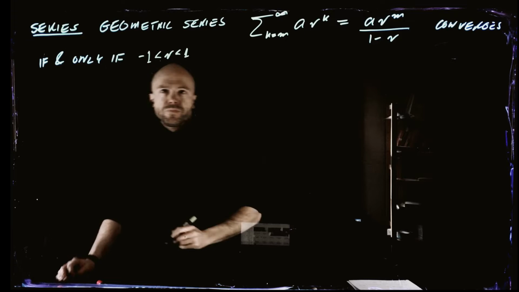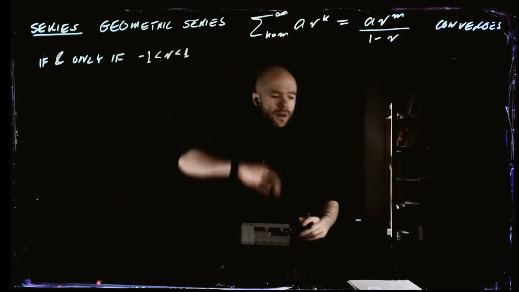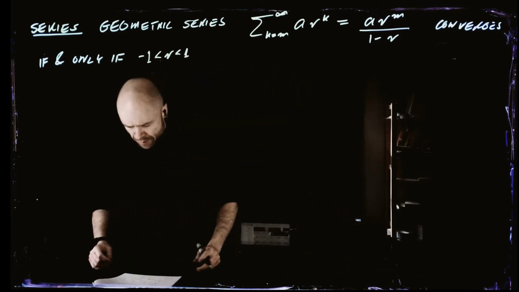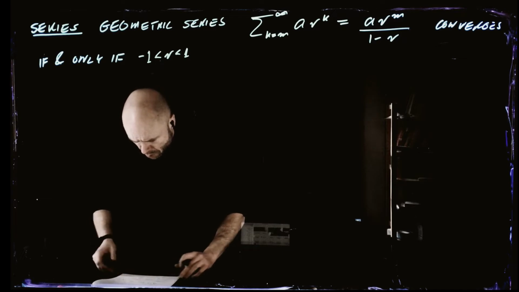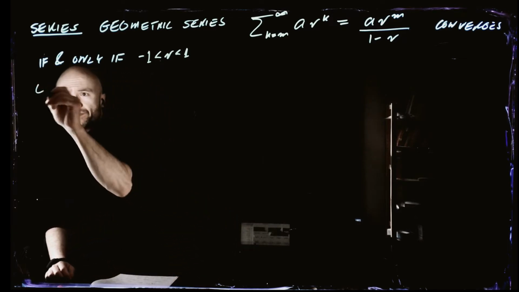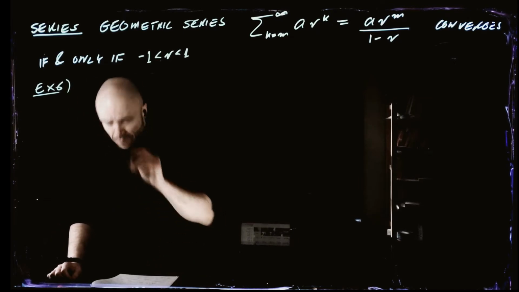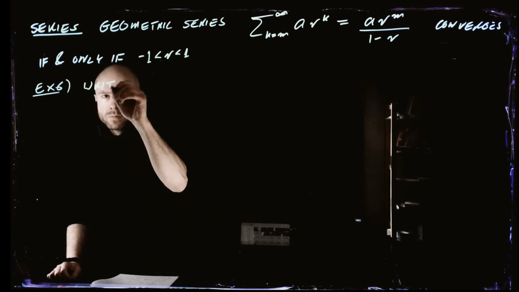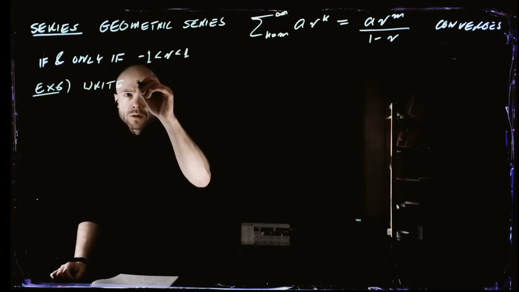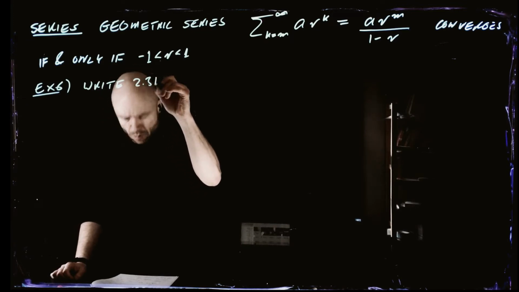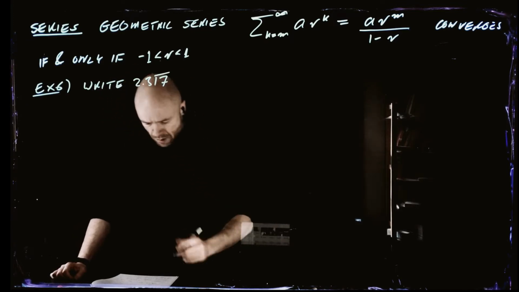Yeah. So we're going to use this to calculate explicitly some series. We've done one example of this. Let's do another. Example 6. Write 2.317 as a fraction.